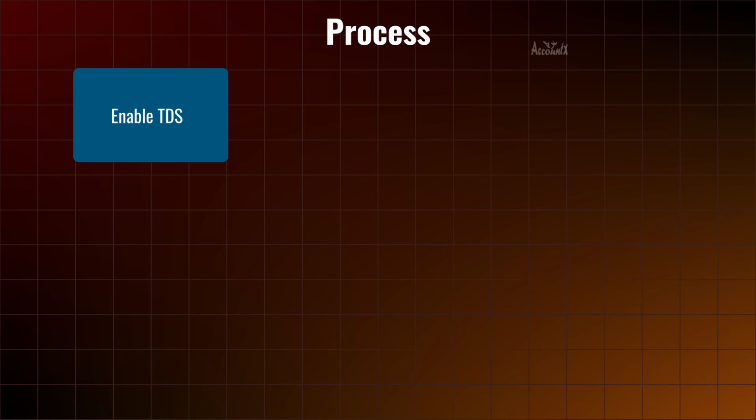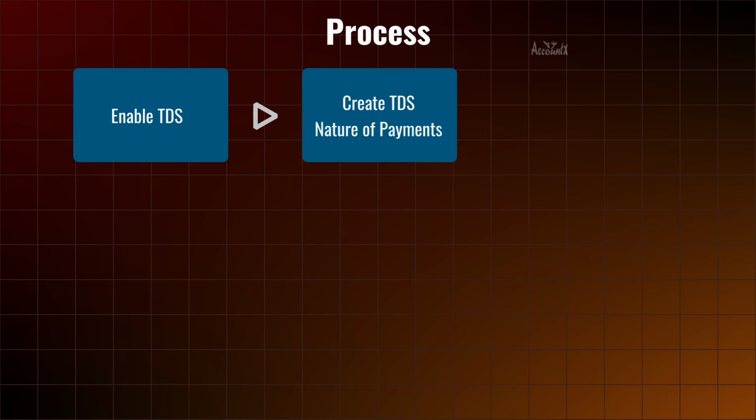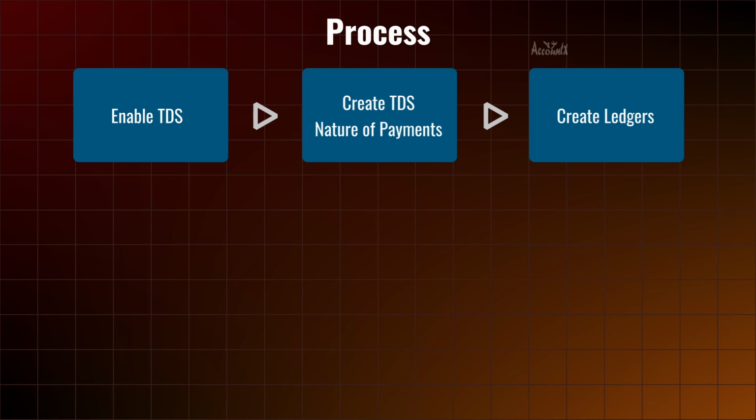Let's consider this scenario and understand how to account this TDS transaction in TallyPrime. But before that, let's have an overview of the process involved. First, you'll have to enable TDS, then create TDS nature of payments. After that, you'll have to create ledgers. Here we'll have to create 3 ledgers, TDS, supplier and expense ledgers.